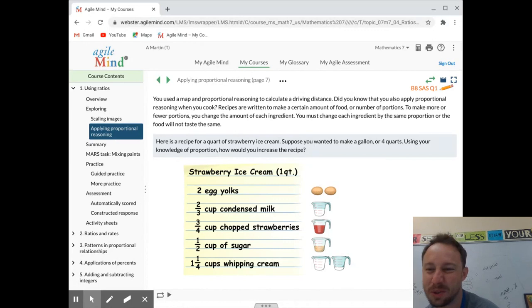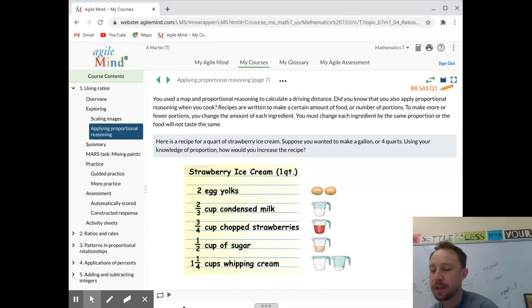That'd be pretty gross, wouldn't it? Or what if you changed everything but you only kept a half cup of sugar? Would that be good ice cream? No, that'd be like school food. All right, great job. Way to explain that.